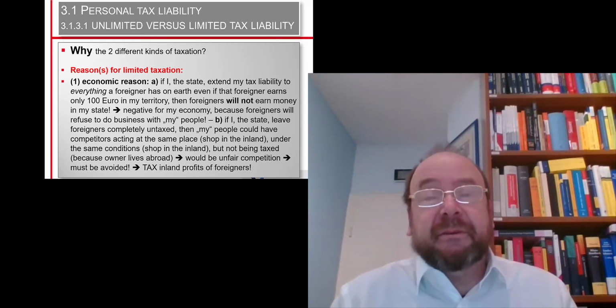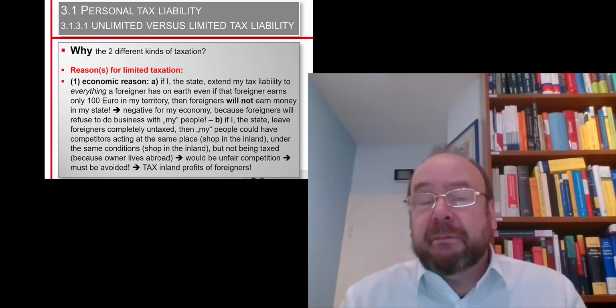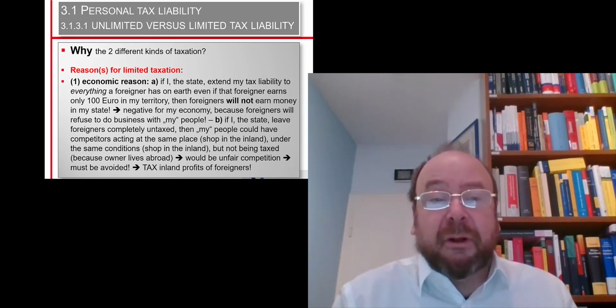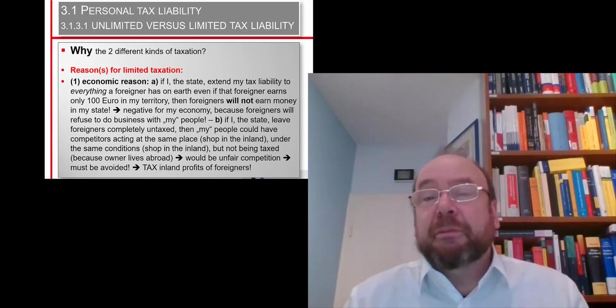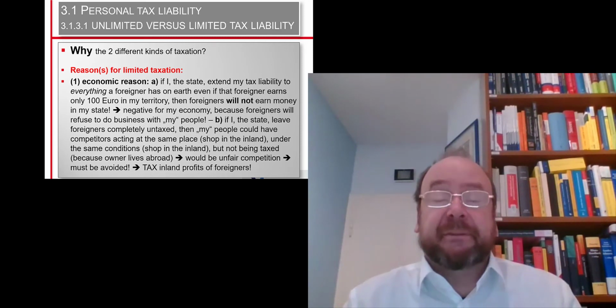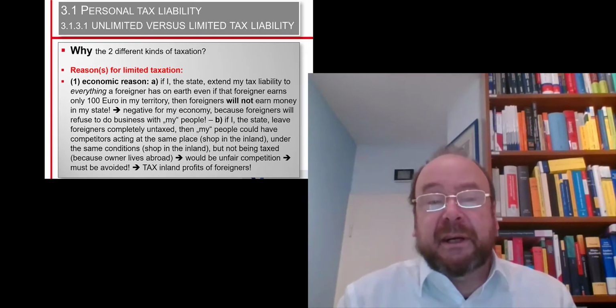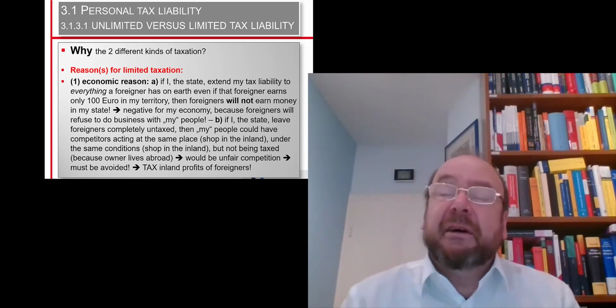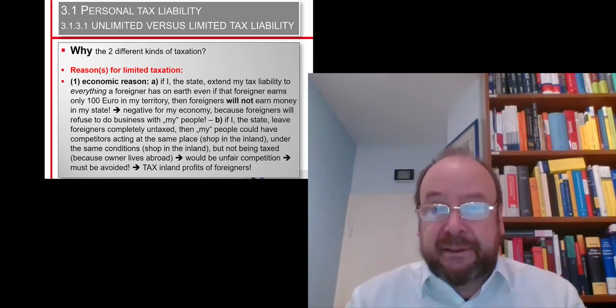That's evidently rubbish. You would keep all foreign investors out of your country, so that would be detrimental to your economy. So you can't do that. The only alternative is either you tax only the inland income or you even renounce on that.